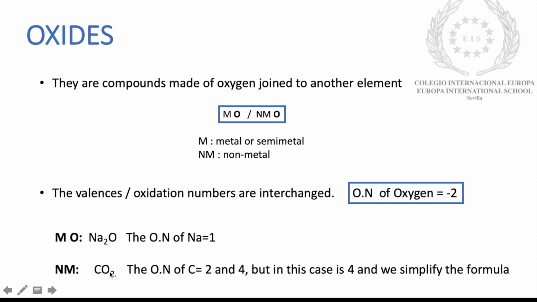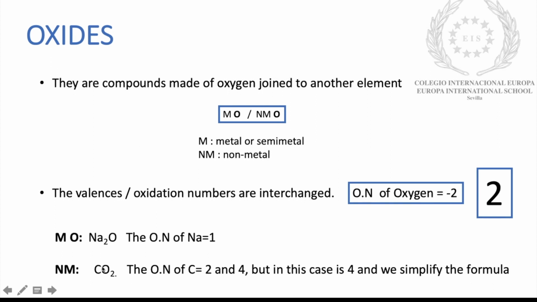Remember, every time that we need to simplify, okay? Oxygen always is going to act with 2. So if here we have a 2, that means that the carbon contains another one. In this case is number 4, okay?